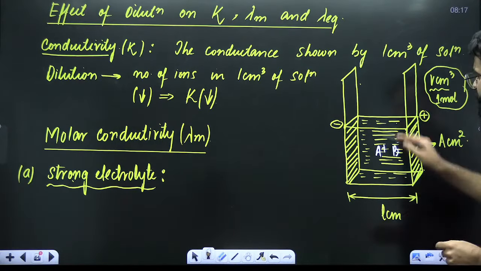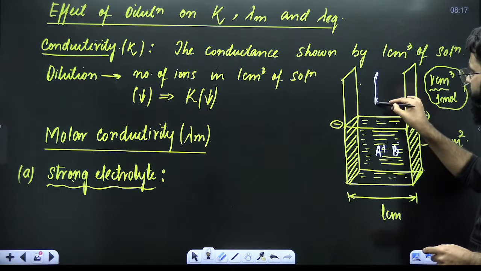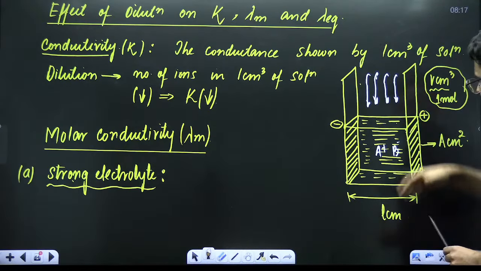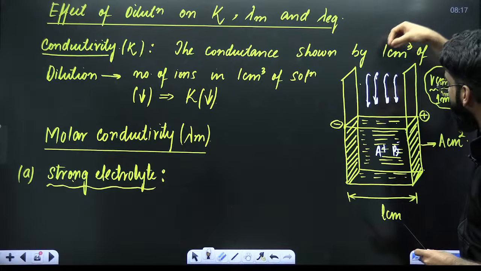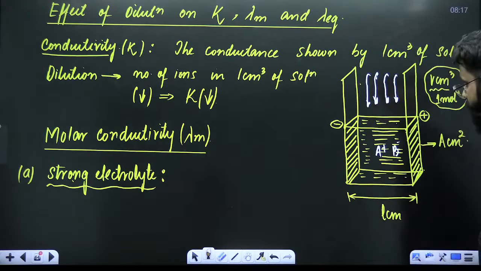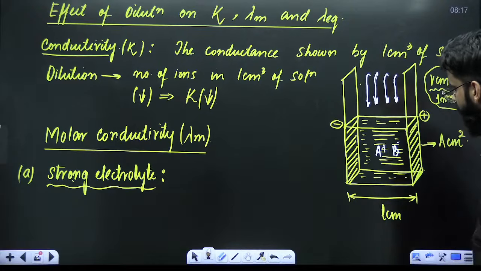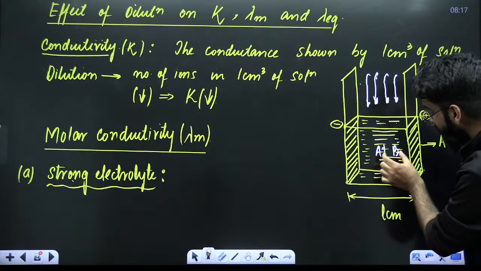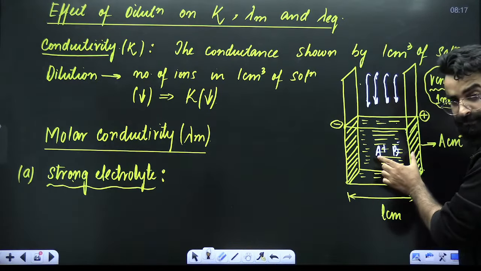Perfect. Now, imagine you are doing dilution. If you are doing dilution, that means you are adding some extra solvent. What is happening to the volume of solution? Volume of the solution is increasing. If volume of the solution is increasing, the distance between the oppositely charged ions will increase.